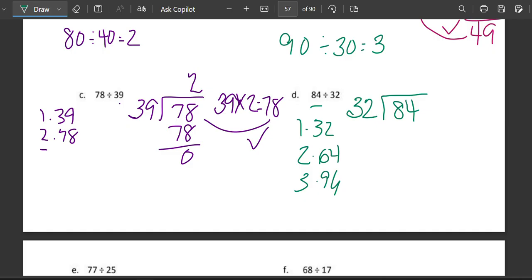So this is going to be 2, as I said, and I can tell because 84 is going to be in there somewhere. So 2 times 2 is 4. 2 times 3 is 6. 20 is my remainder.